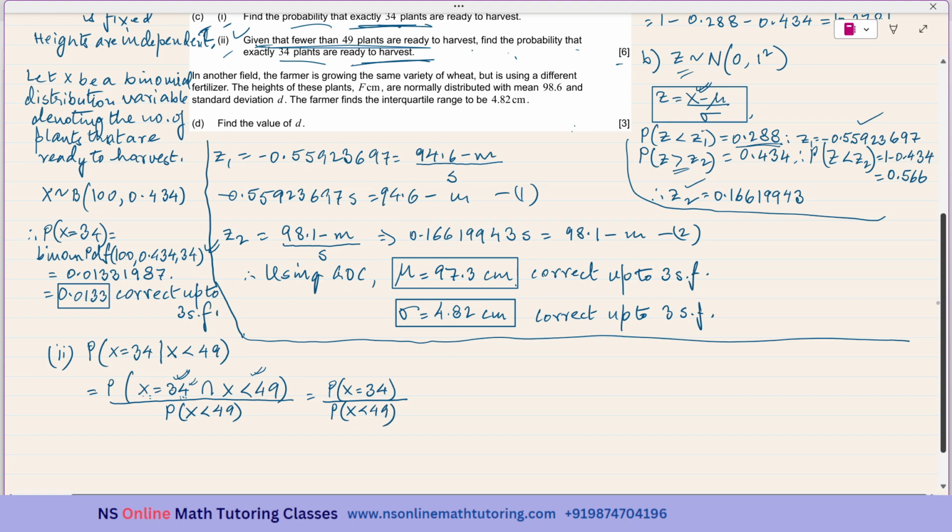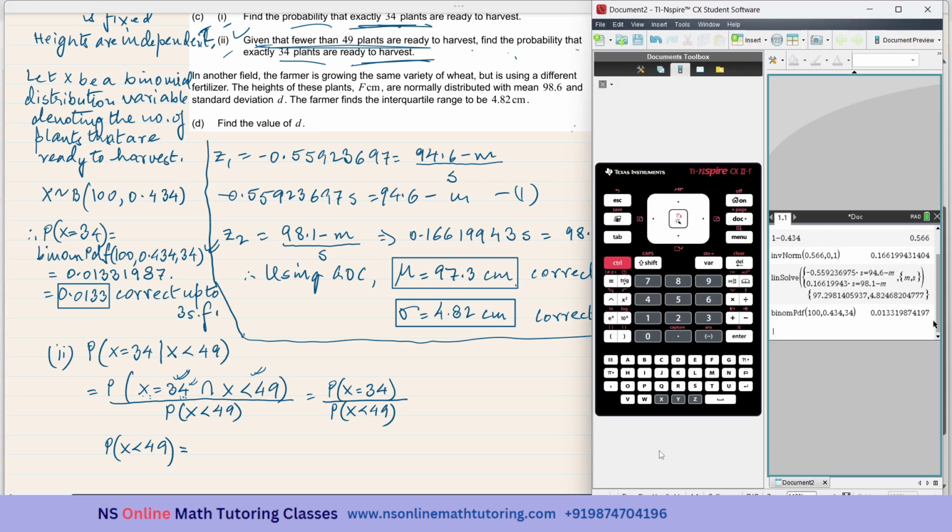So first of all, let us get P of X less than 49. Using the GDC, I'll write the command. This time it will be binom CDF, because it contains an inequality. We cannot use the binom PDF.